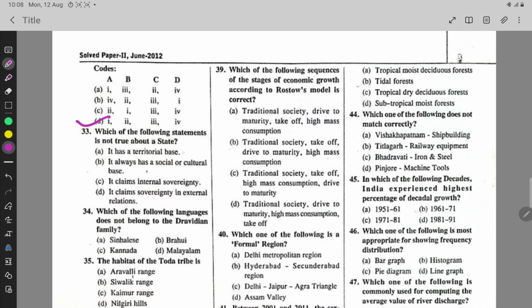It has a territorial base. Correct statement. It always has a social or cultural base. Always is doubtful. It claims internal sovereignty. Correct. It claims sovereignty in external relations. Correct. So B is the right option here.